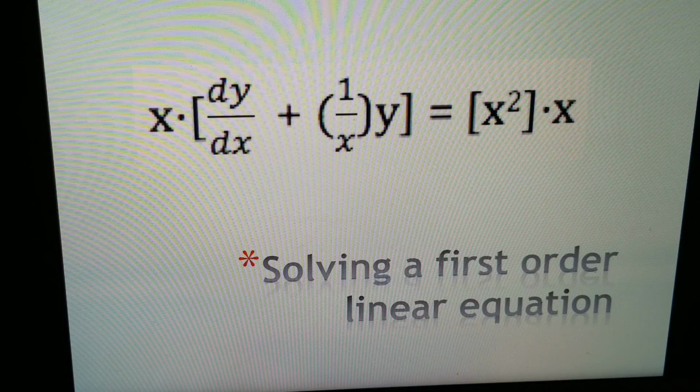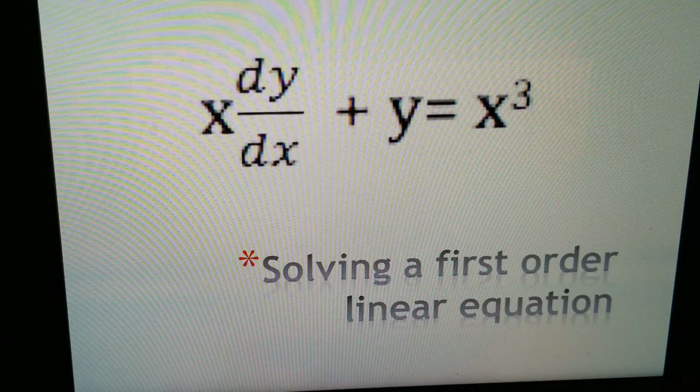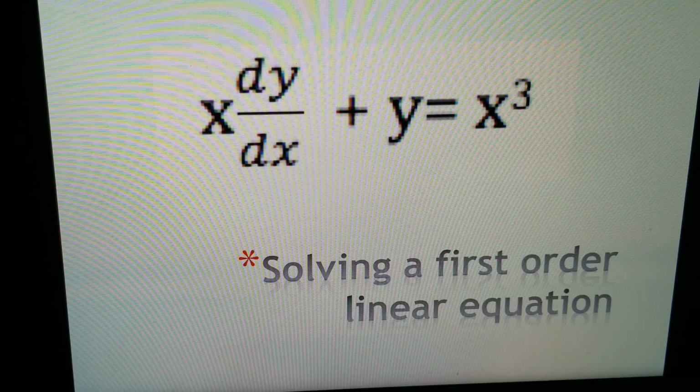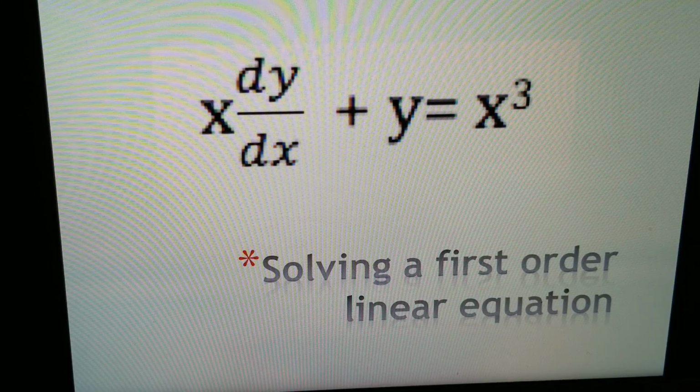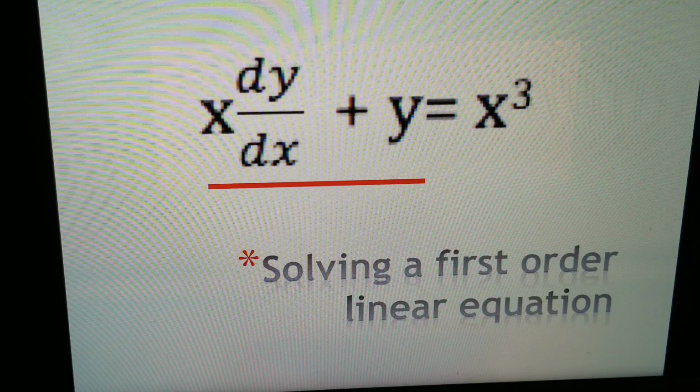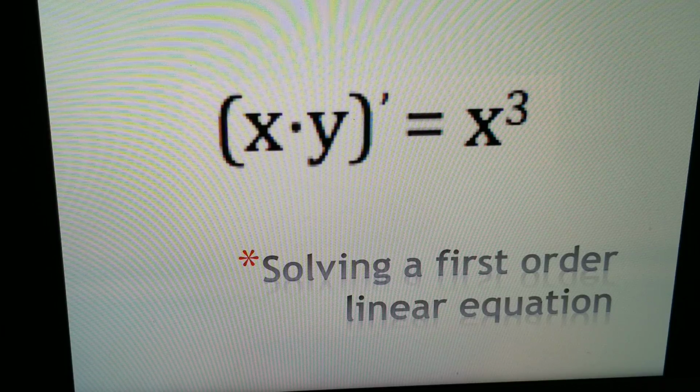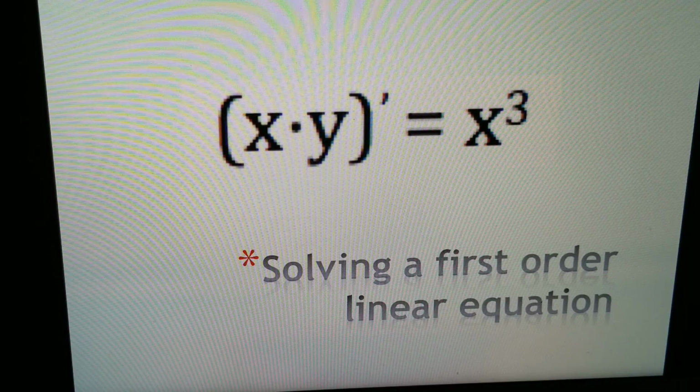So multiplying both sides of the equation by x, notice that we have a product on the left-hand side of the equal sign, and that product rule is of x multiplied with y, leaving us with x cubed on the other side of the equal sign.